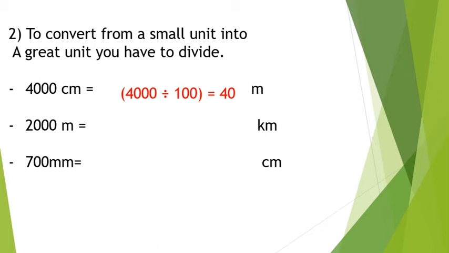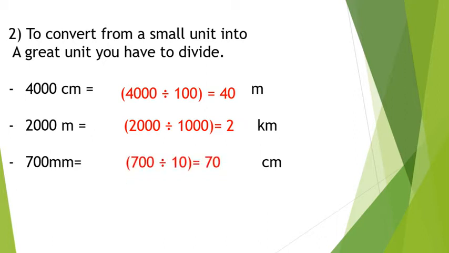To convert from meter into kilometer, you have to divide by 1000, right? 700 millimeters equal how many centimeters? To convert from millimeter into centimeter, you have to divide by 10, right? Then 700 millimeters equal 70 centimeters.